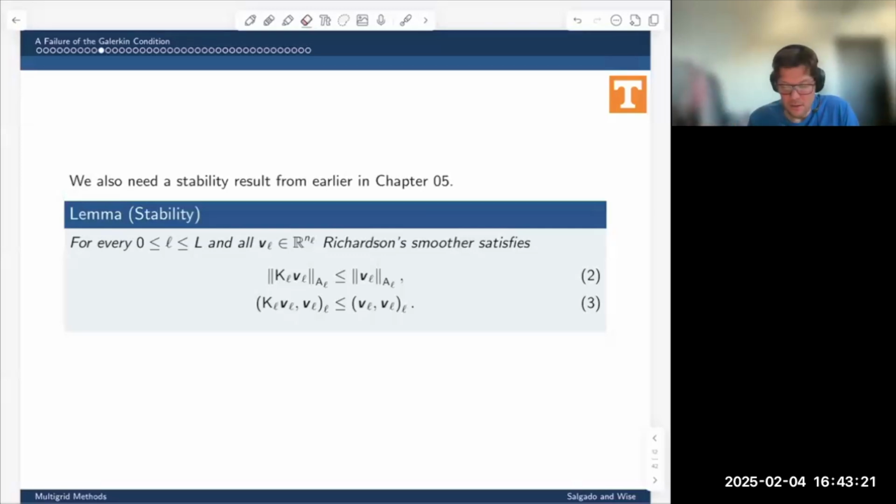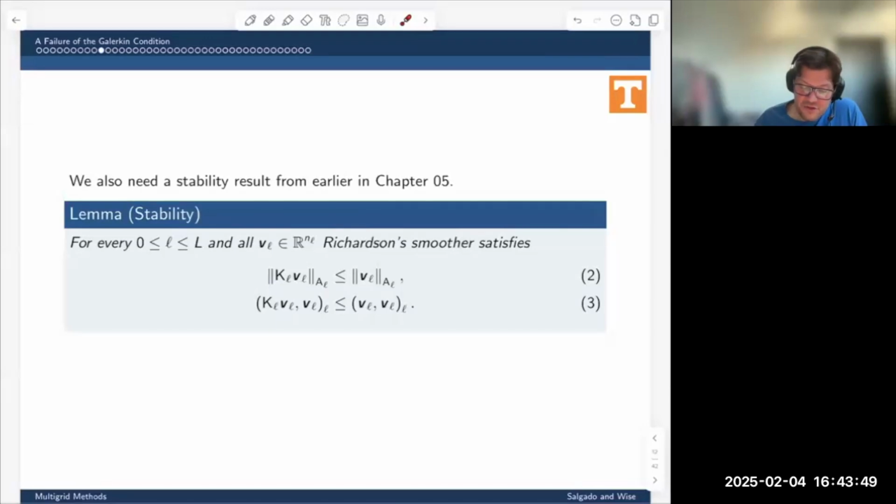So now, what we're going to establish with this lemma, which was proven way back earlier in chapter 5, is what's called a stability result. Namely, if we apply the smoother to any vector VL and we measure that in the norm AL, we can always be guaranteed that the size of this is not going to get big.